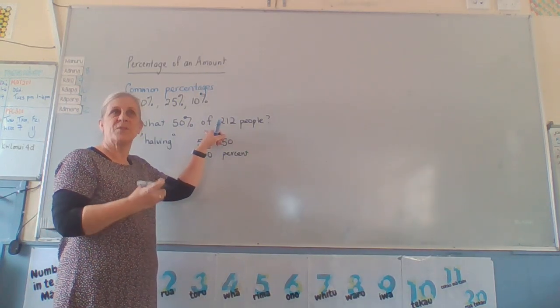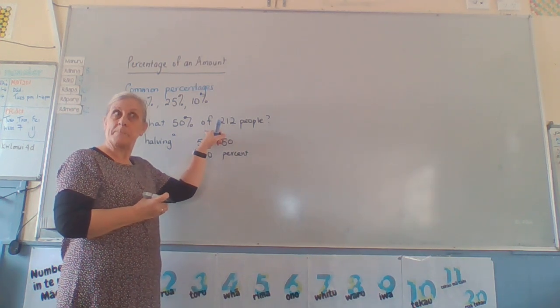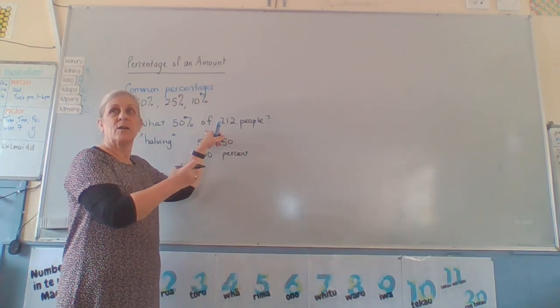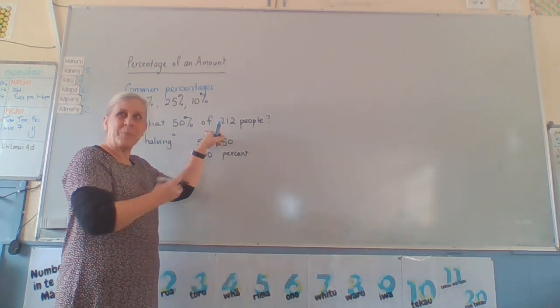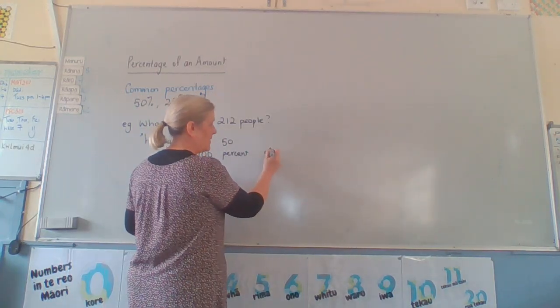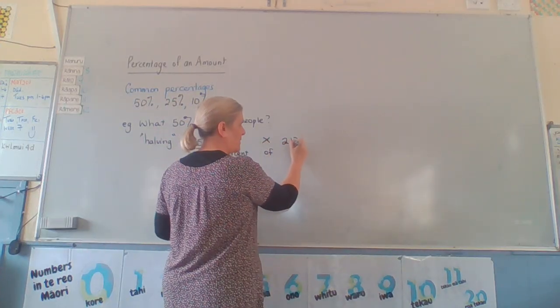When we have of, there's a calculation that we always use. What is it? Of is the same as times. All right. So of and times. And then 212.